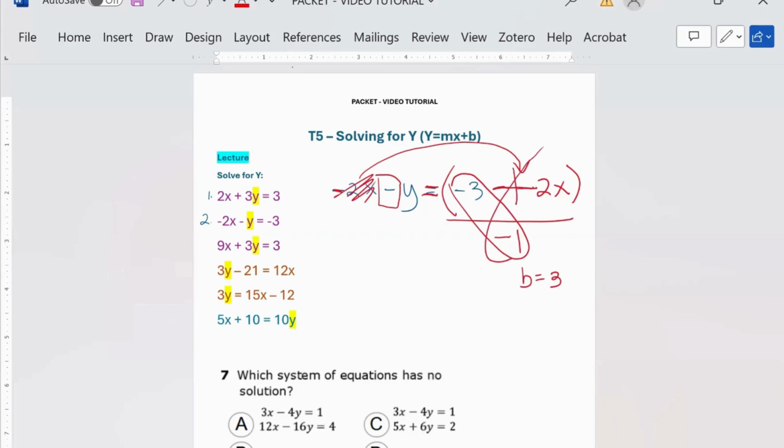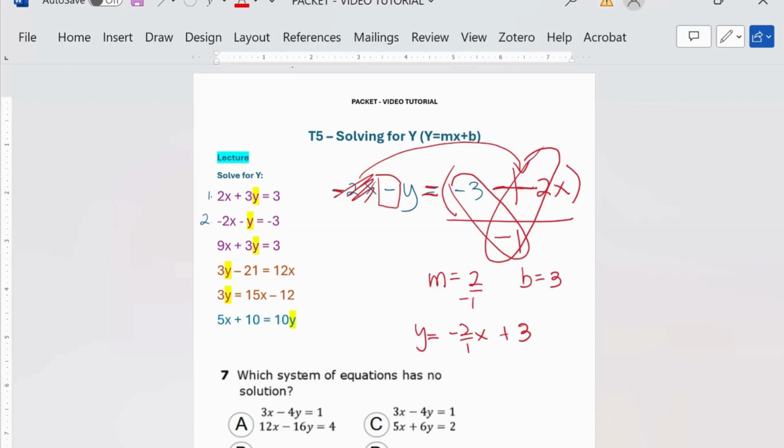Now my slope, which is m, is going to be 2 over negative 1. So to write this equation, y equals negative 2 over 1x plus 3. That's my linear equation for question number 2.